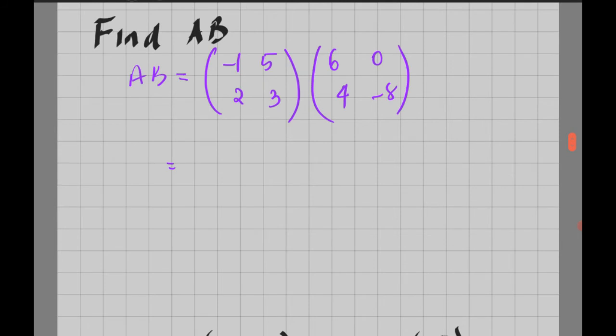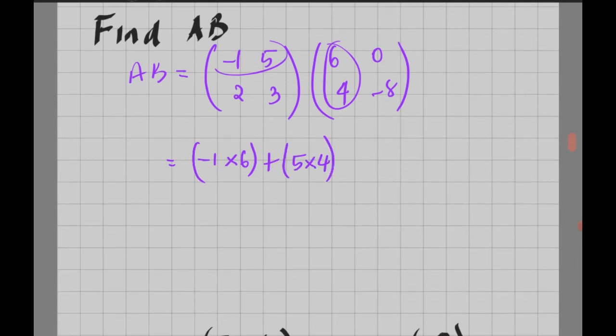So we move by rows to columns. So it's minus 1 times 6 plus 5 times 4. Then move on to this row and this column. So it's minus 1 by 0 plus 5 by minus 8.